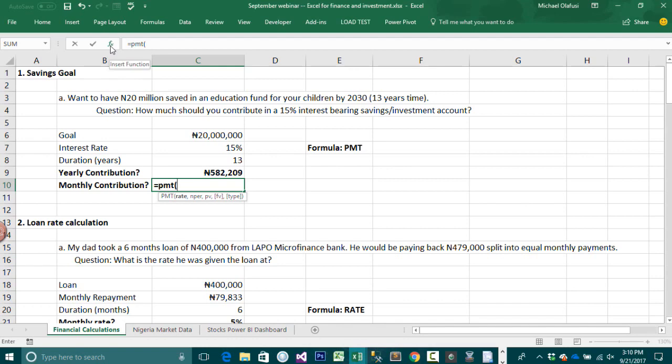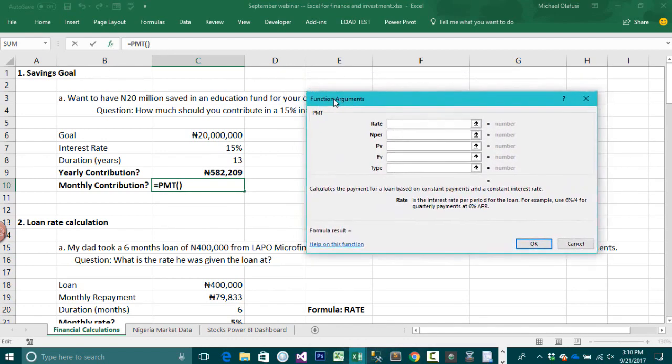Again, equal to PMT, I open bracket and launch the interactive formula dialog box. Once again the rate, but now that we are doing monthly contributions, I have to make the rate agree with the period. When we did yearly, the rate was yearly and the duration was yearly, but now that we're doing monthly, I have to break the rate into monthly rates.